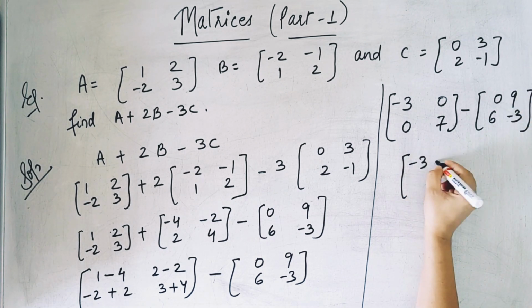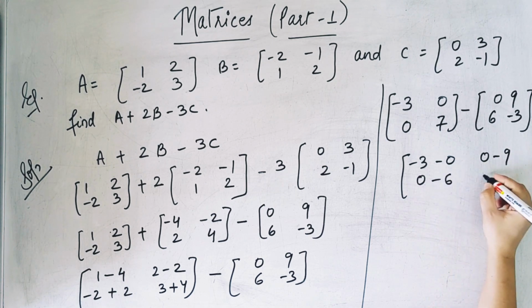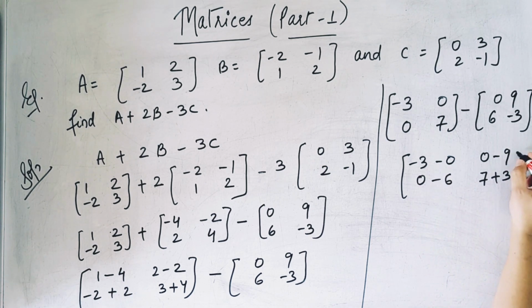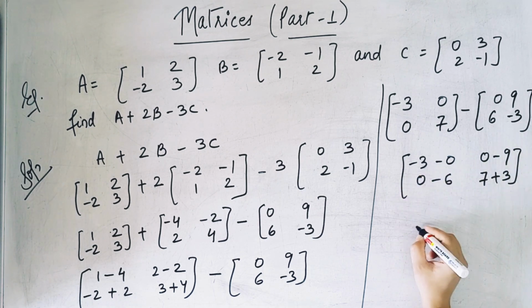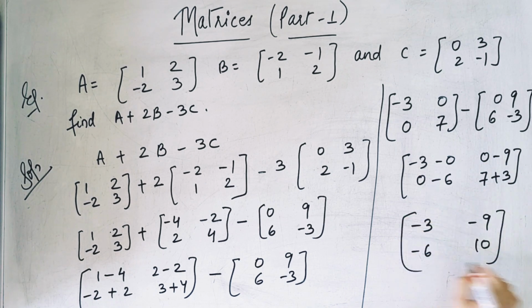So it will be minus 3 minus 0, 0 minus 9, 0 minus 6, 7 minus minus 3 becomes plus 3. So minus 3, minus 9, minus 6 and 10.